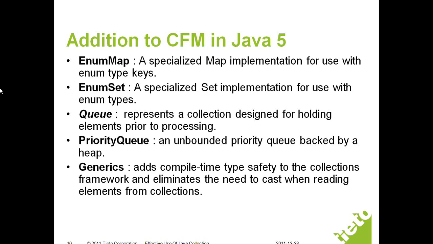If I am creating a list of String, no one can add an Integer to that list, and every time I call a get method on that collection, I will be getting the String type only. So it is similar to the template concept in C++.